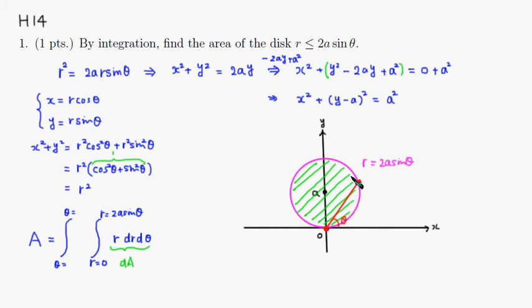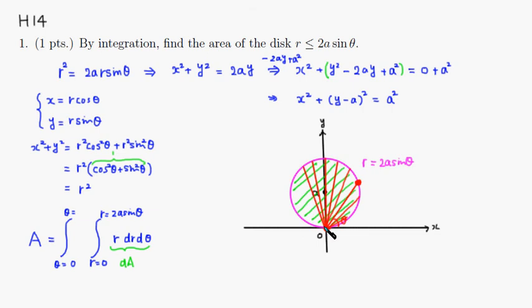In order to cover the entire disk, the angle is going to start from 0, which is here, and then we gradually increase the theta value, like here, and here is pi over 2, and increase even more and more.